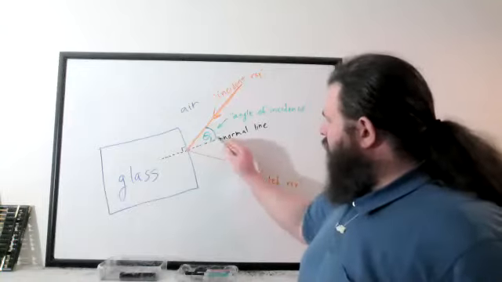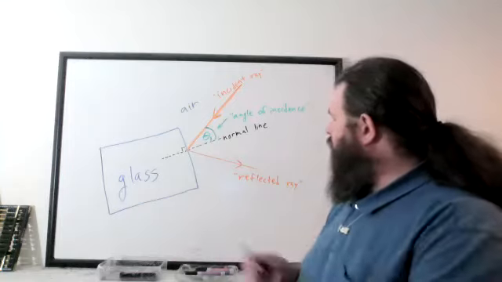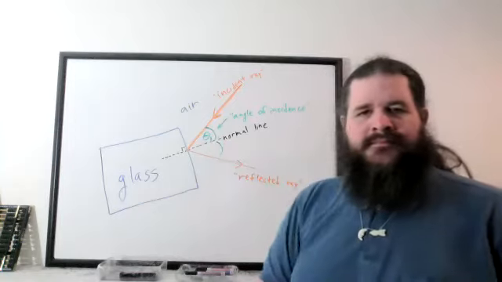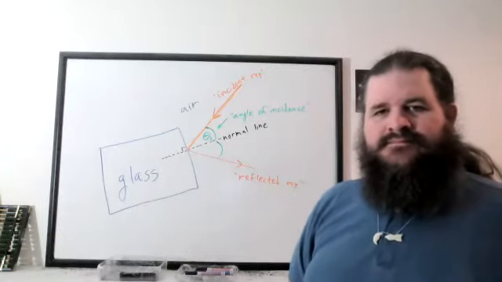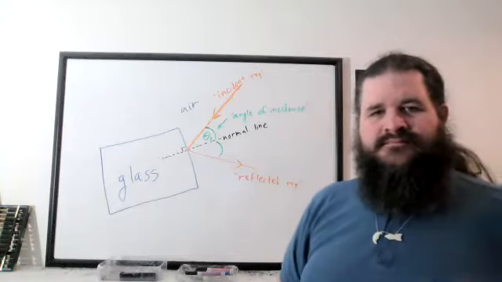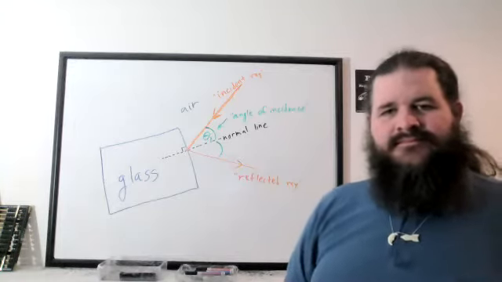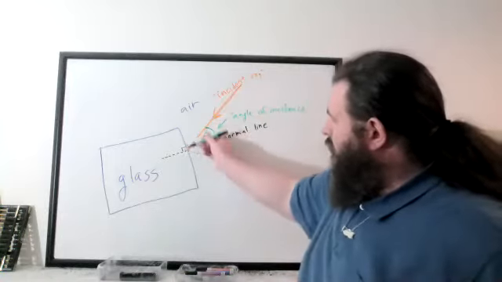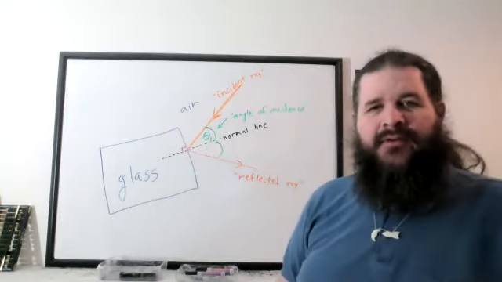And what would you expect about this angle that the new reflected ray makes with the normal line? Like if you've got light coming in at some angle with the normal line, what would you expect about the angle that the reflected ray makes with the normal line?